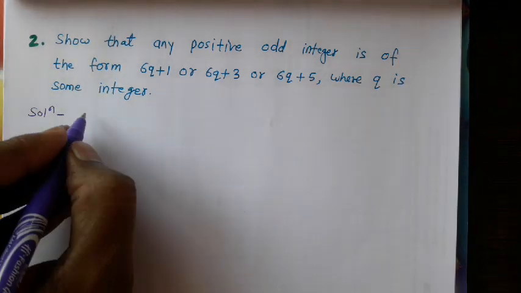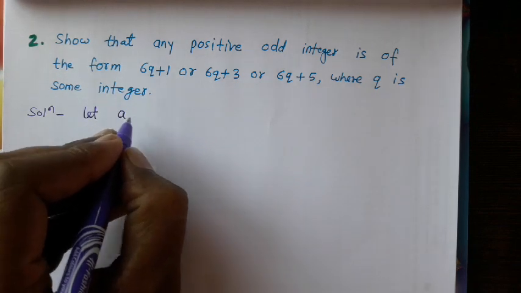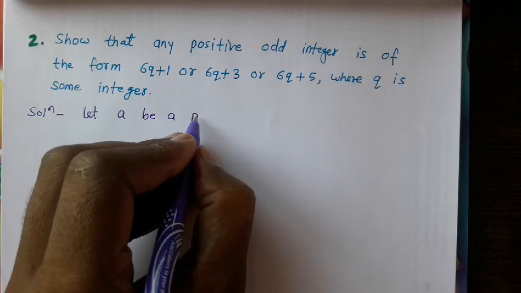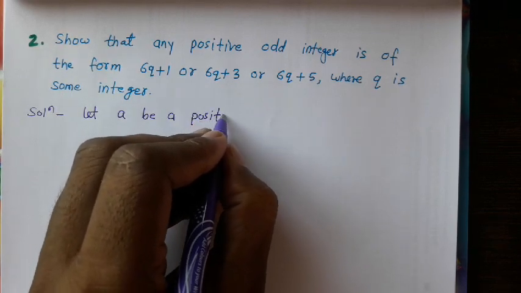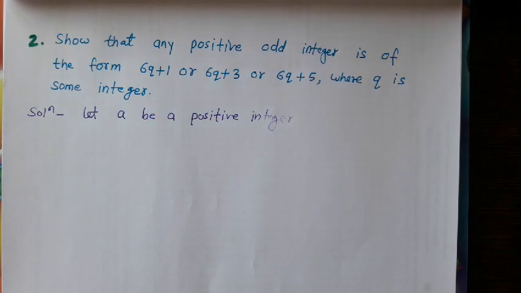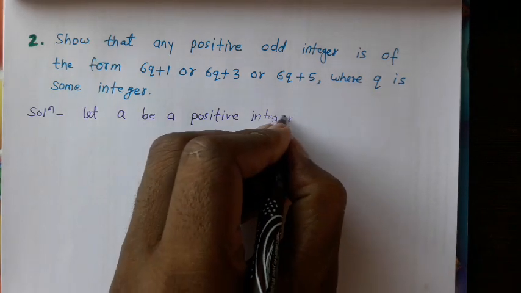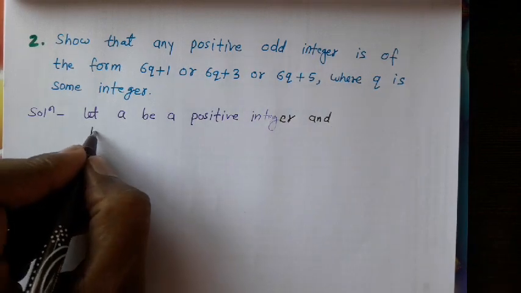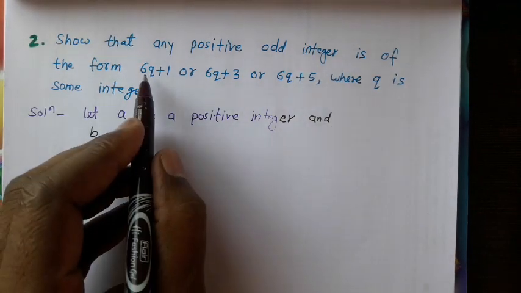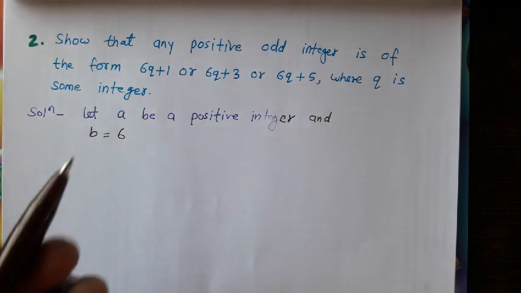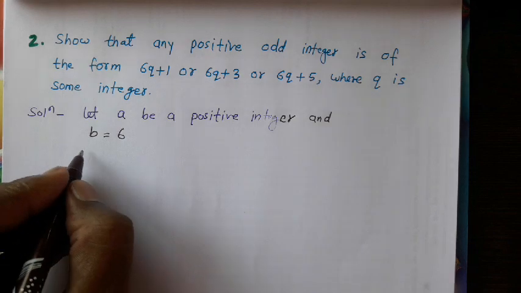In step one, let a be a positive integer, and you take b equal to 6, the value of b equal to 6. Now apply the division algorithm.